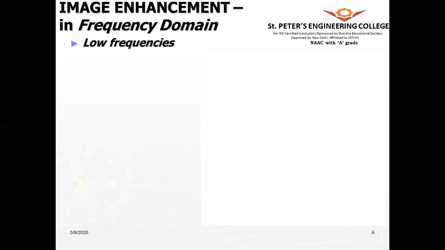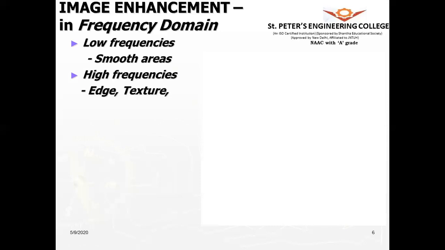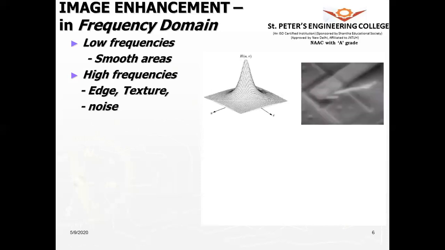We know that using low frequency filters, we can perform the smoothing operation, and using high frequency, we can detect the edges and texture of the images as well as the noise. Let us look at the plot of the low pass filter. Here shown is the low pass filter. It's a 3D plot, and here we see that the image looks blurred. That means the finer details are not available.